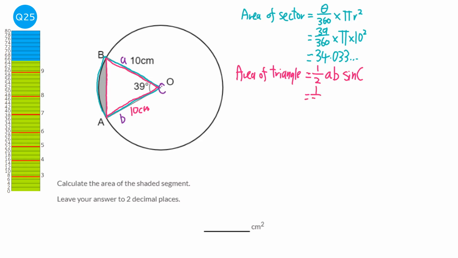So we've got a half times 10 times 10 times sine the angle, which is 39. Then when you work that out, you get 31.466 blah blah blah.